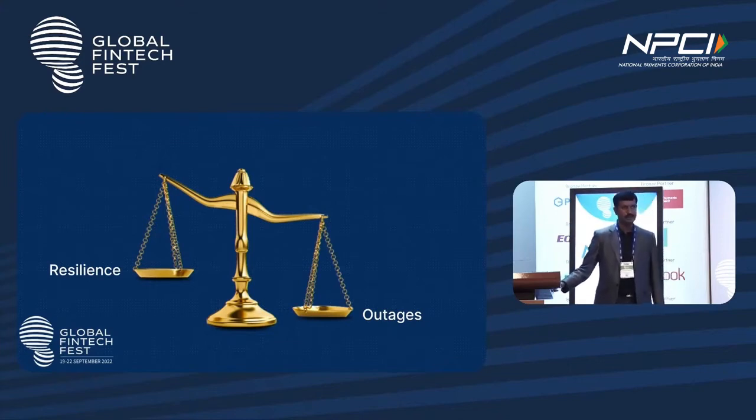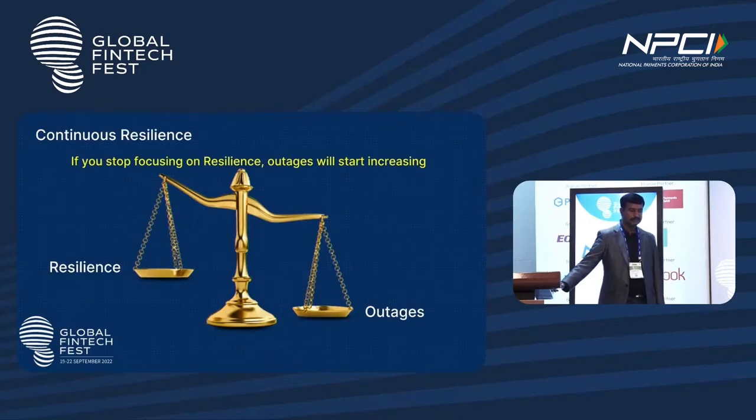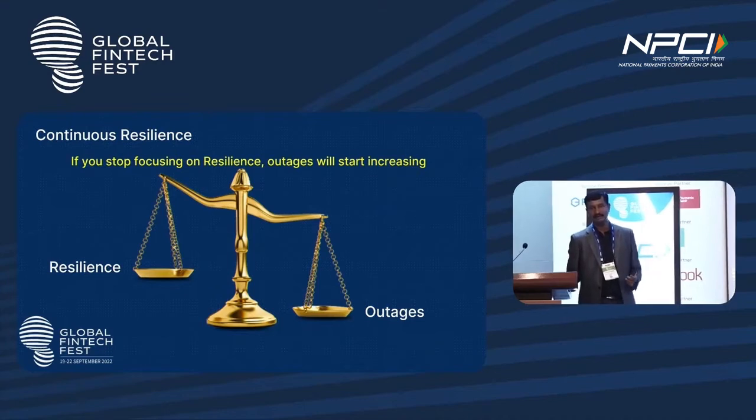So in this session, I'll be talking a little bit more about outages, but that really means that you're talking about improving the resilience. If you want to have continuous resilience, you want to make sure that your services are available all the time. That really means that you have to continuously make sure that there are no outages. Anytime you relax, an outage can happen. That's really how you provide continuous resilience.